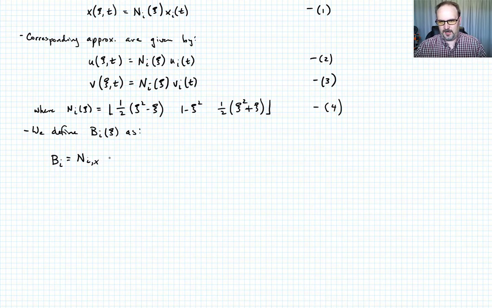And in order to make this a function of c, we need to write this as Ni of c times the partial of c with respect to x. Because we've defined Ni in terms of c, in order to do the partial, we need to use the chain rule on that.